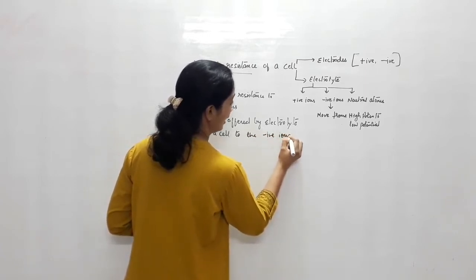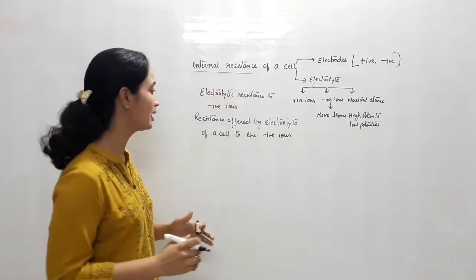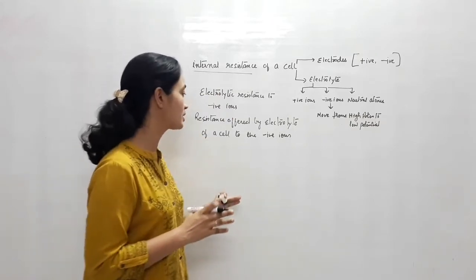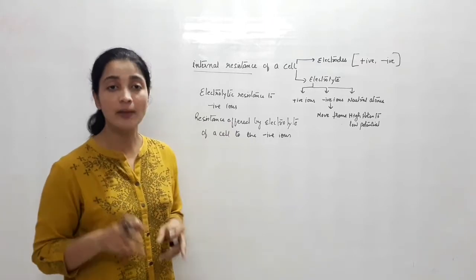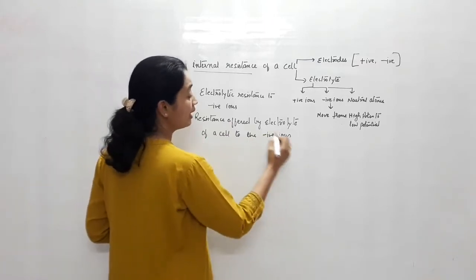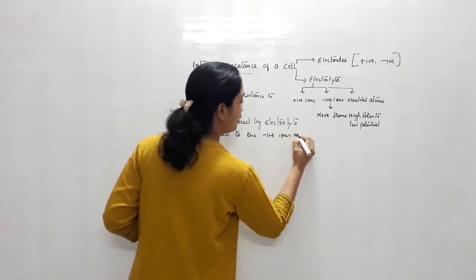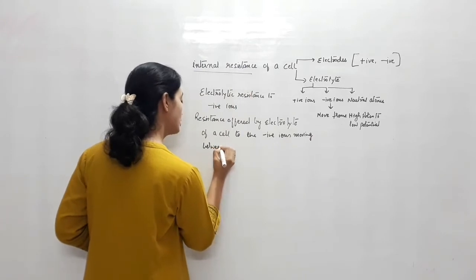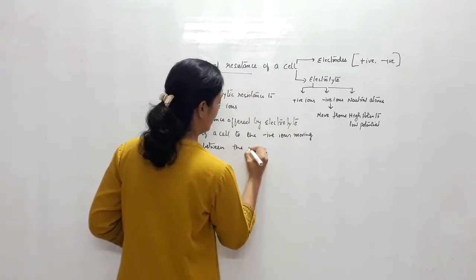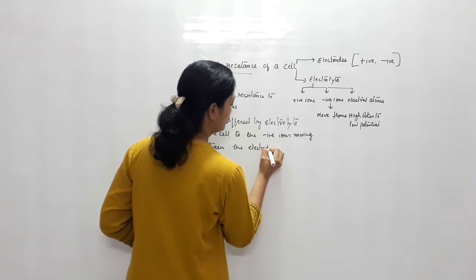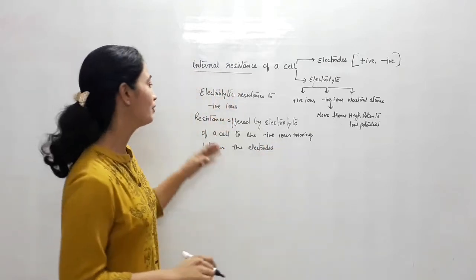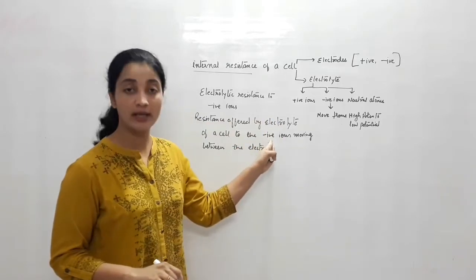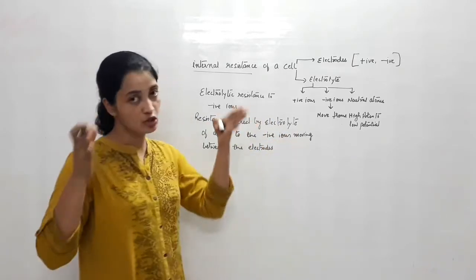Because these are the negative ions which are moving from high potential to low potential, and they try to constitute current, and that is the resistance offered by the electrolyte of a cell to the negative ions. And where are they moving? Negative ions moving between the electrodes. So we need not mark the statement, but we can understand it is nothing but the resistance offered by the electrolyte of a cell to the negative ions moving between the two electrodes.